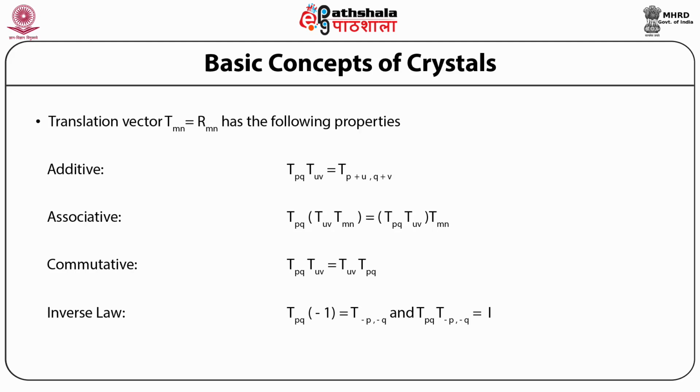I mean if you choose the integers p and q negative with respect to the earlier positive ones, the result will be the same. So this is a mathematical extension of our concept described in the last slide.